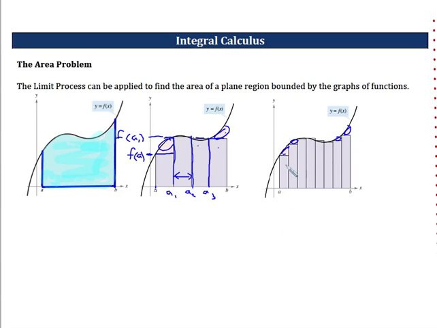So eventually we're going to let the limit go so that we have an infinite number of rectangles in here. We're going to get a very close approximation to the exact answer. And again, calculus is going to help us do that through the limit process. The limit as the number of rectangles increases to infinity is going to give us our exact answer.